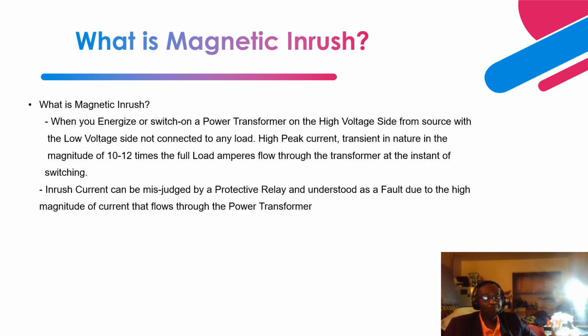So that is the difference between a magnetic inrush current and an actual fault current. That is basically what we use to distinguish between a magnetic inrush condition during energization of the transformer and an actual fault condition that goes through the transformer.